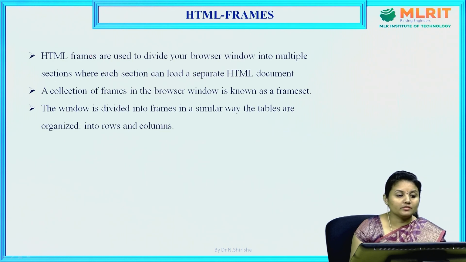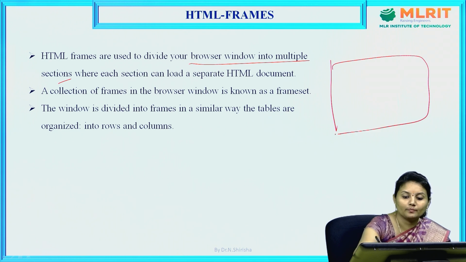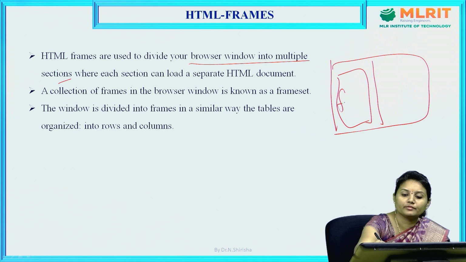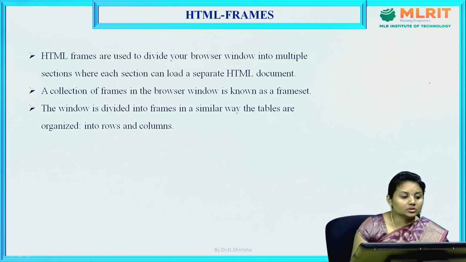Now, HTML frames. These are used to divide the browser window into multiple sections. Here you have a browser window, say one page. If you want to divide that into 2 pages, this will be called frame 1 and this frame 2. You can load separate HTML files for each frame.